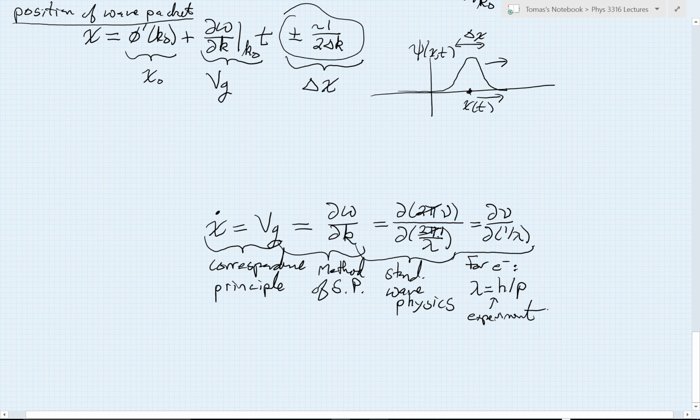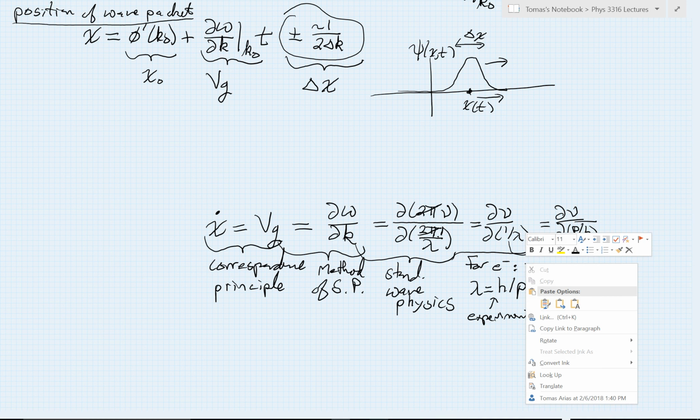We don't really have a choice in designing our wavelengths. So 1 over lambda, if I substitute in, will be d nu d, where 1 over lambda is p over h. So this connection is what came from our electron physics.